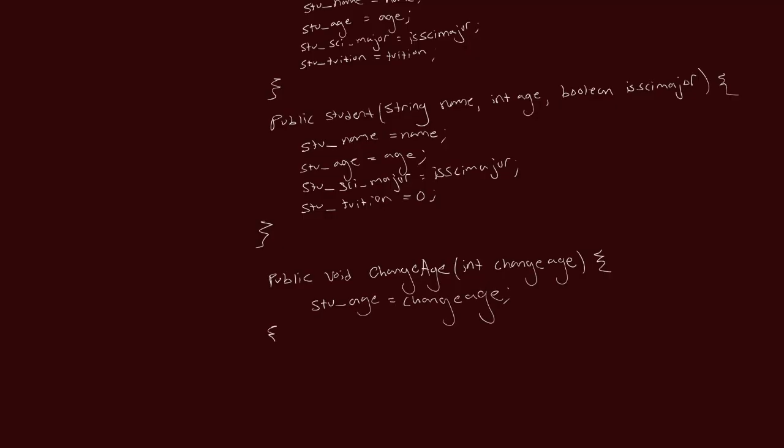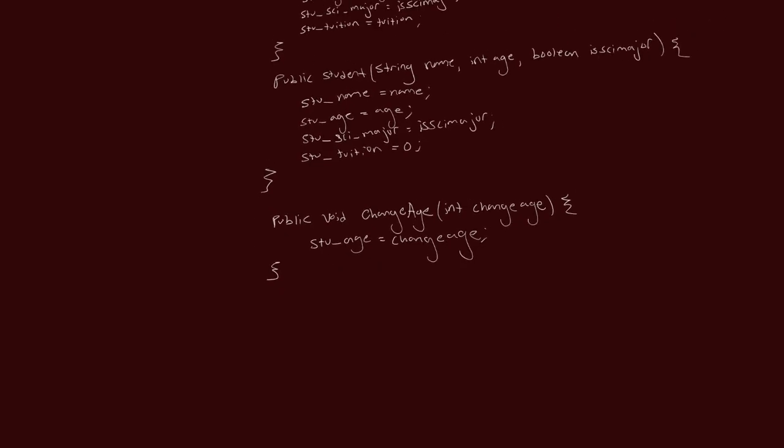All right, and they may want to change their major later on, so we'll do public void change sci major. So it's boolean change major.